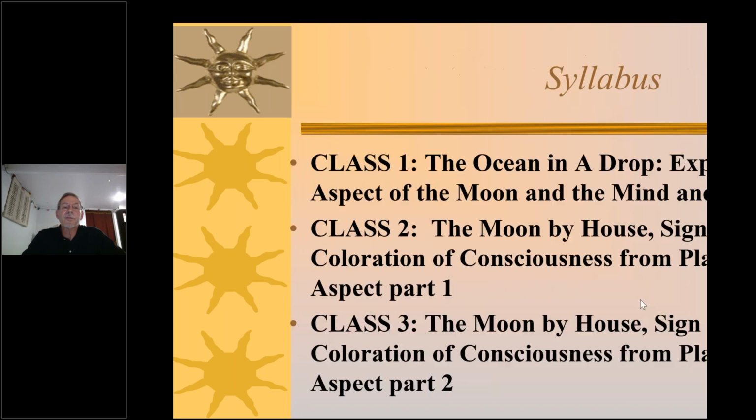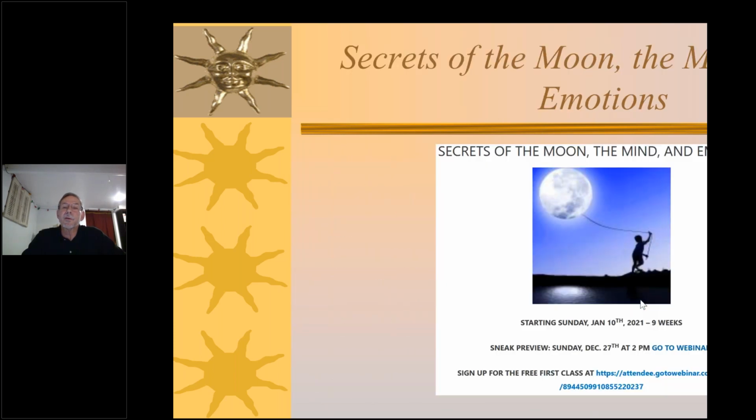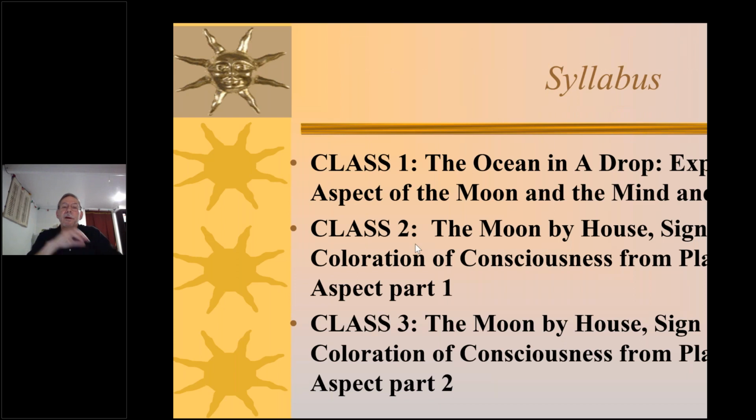And I think he's got a whole series of other classes, The Secrets of the Moon, the Mind and the Emotions coming up. That was the January 10th. We did the sneak preview. And the syllabus is that the first class will be the ocean in a drop, exploring every aspect of the moon and the mind and the fourth house.